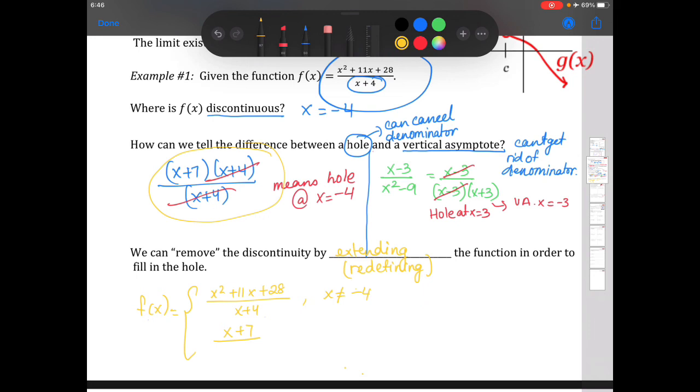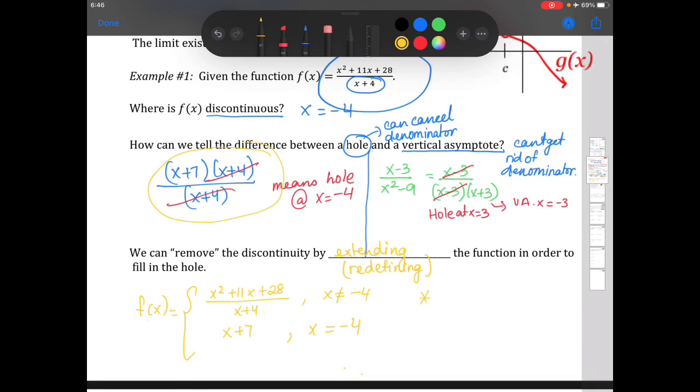Just x plus 7, and here x is equal to -4, right? So this is how we write the function or remove the discontinuity. I just want to put this in asterisks here. We need a value that closes the hole. So this was the value. Need a value that closes the hole.